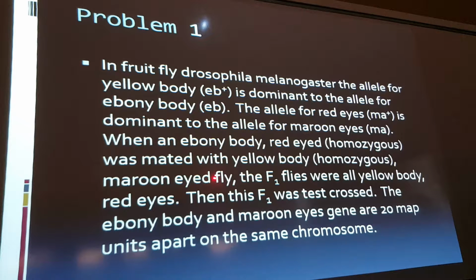And so what we're doing is making an F1 generation, basically. And you're only going to get one kind of offspring in the F1 generation. They were all yellow body, red eyes. Then the F1 was test crossed. The ebony body and maroon eyes gene are 20 map units apart on the same chromosome. So what is a map unit? You will see.